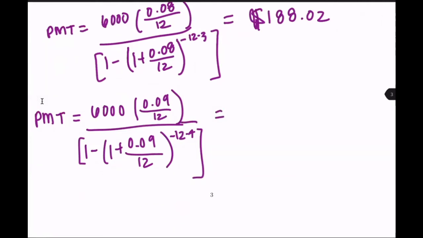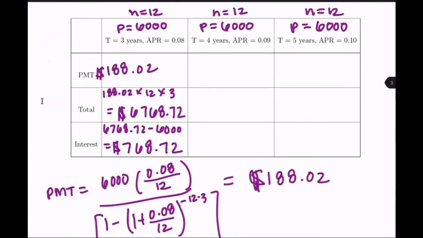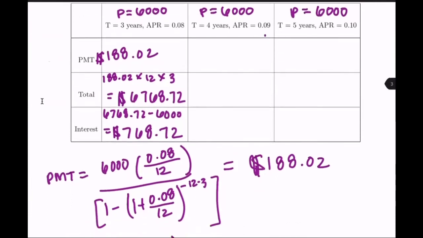When you put that into your calculator, you should be getting $149.31. So this was for the loan that was APR of 0.09, and over the course of 4 years, we got $149.31.